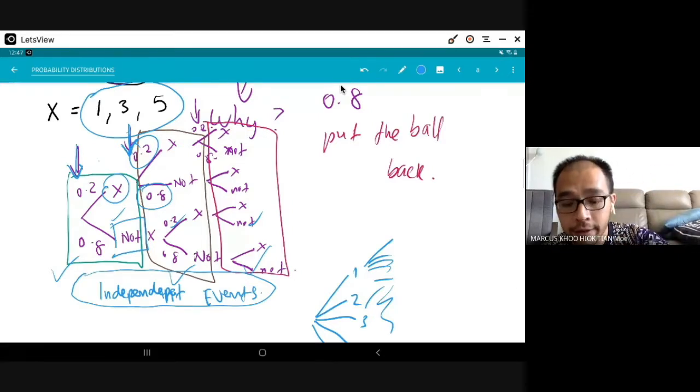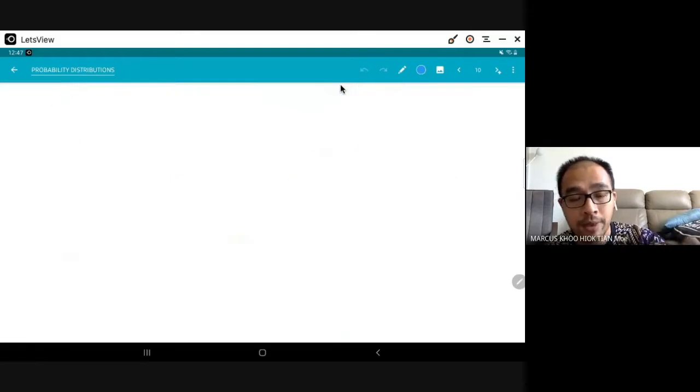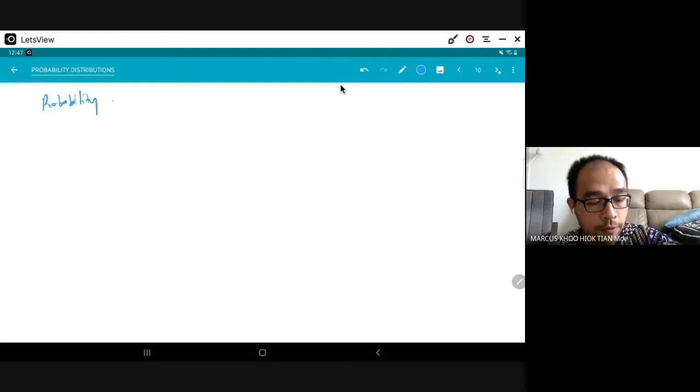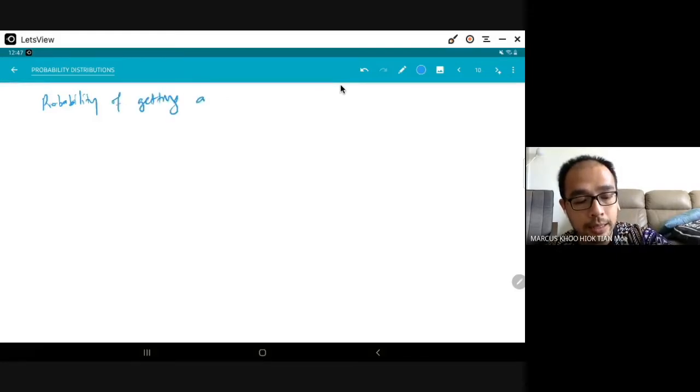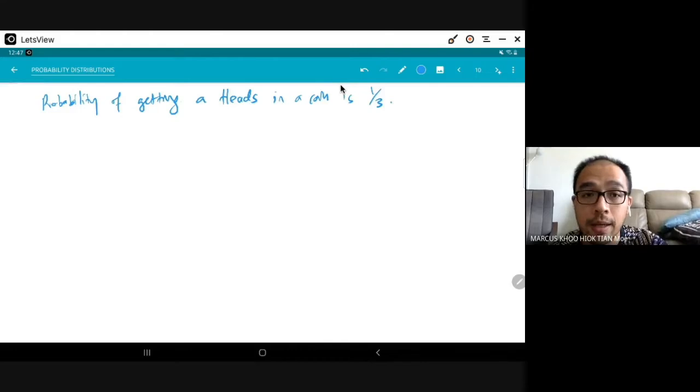But what if, let's say the probability of getting heads in a coin is 1/3. Then you toss the coin, the shilling coin, 10 times.